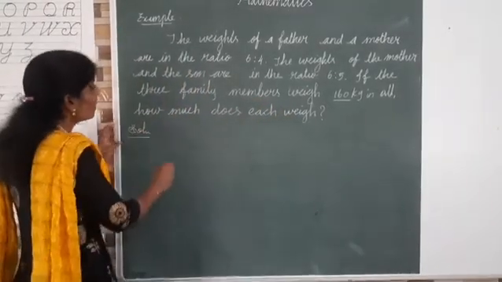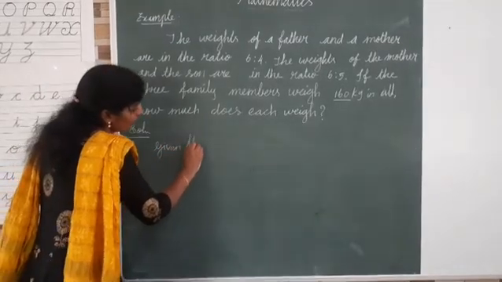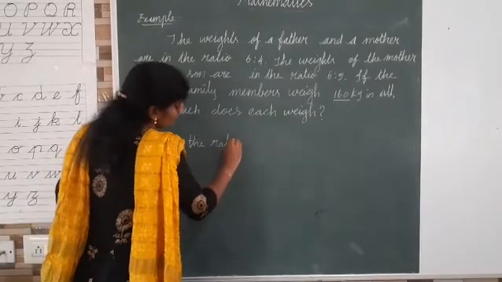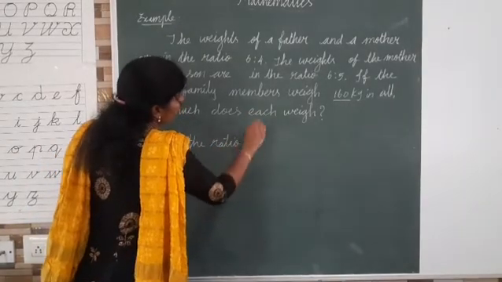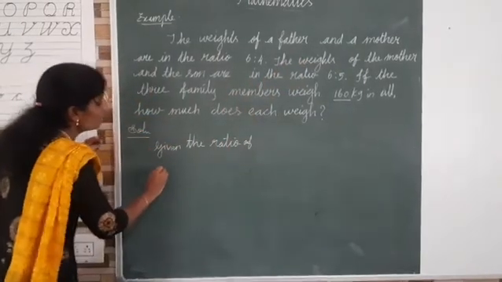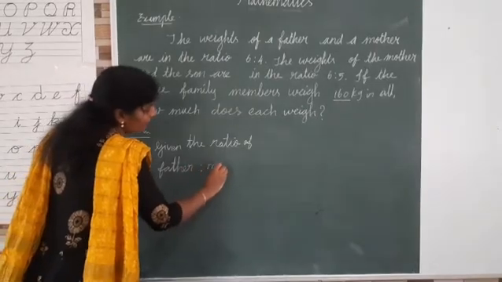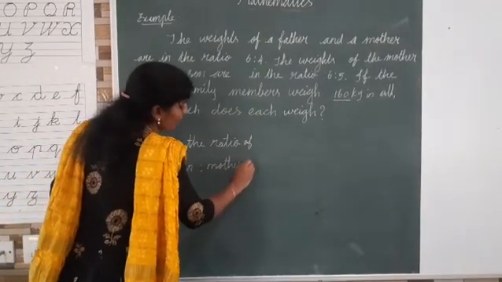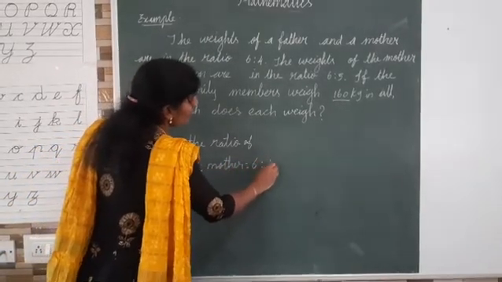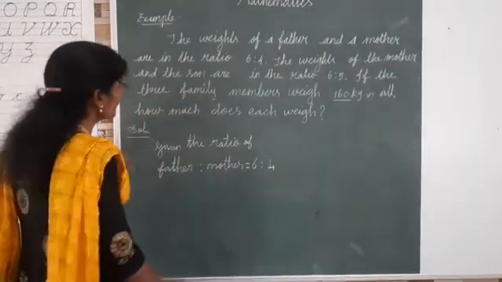Okay, first what is given? Given the ratio of father to mother equal to 6:4. Isn't it 6:4? Then mother and the son.